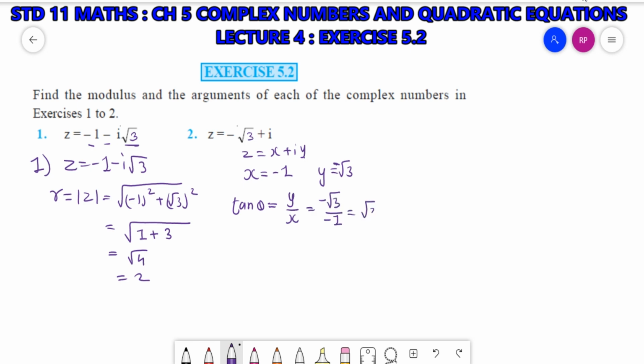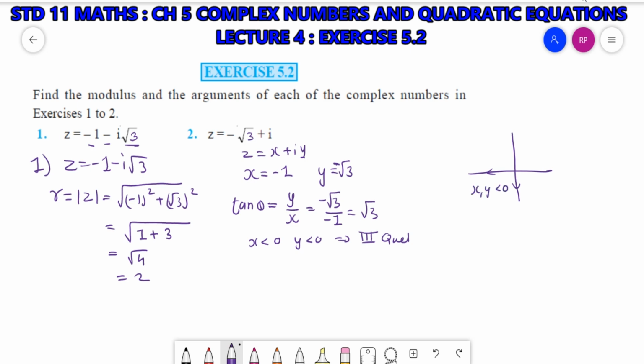So root 3. Now when is the value of tan theta root 3? That is 60 degrees, that is pi by 3. But in this case, x is less than 0 and y is less than 0. That means it is in the third quadrant, right? In the third quadrant, x and y both are negative.